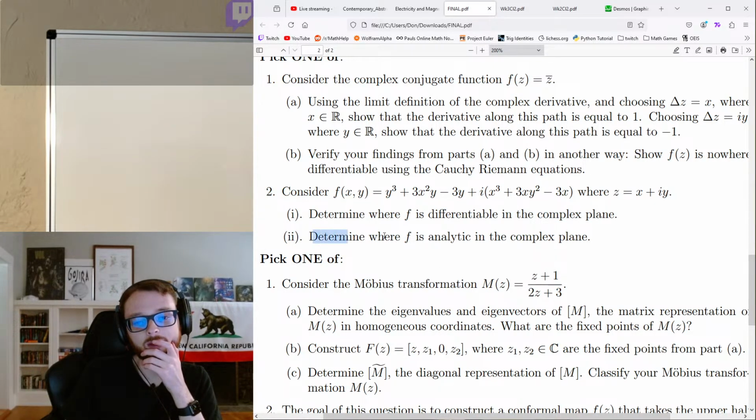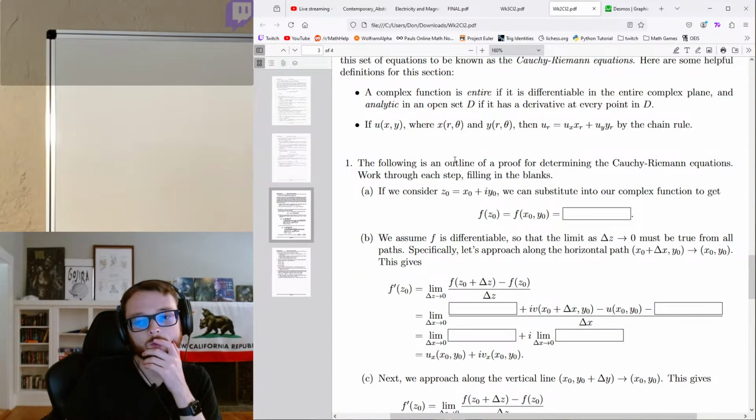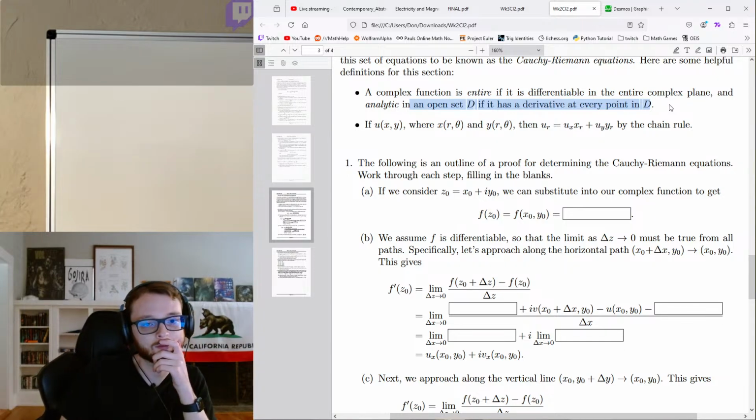I think f is analytic nowhere. Because what open set D can we name for that ellipse? I don't think we can name one because the ellipse is just like a line. We would need like an interval or a disk or something. Well, I guess a disk. We would need like a disk.